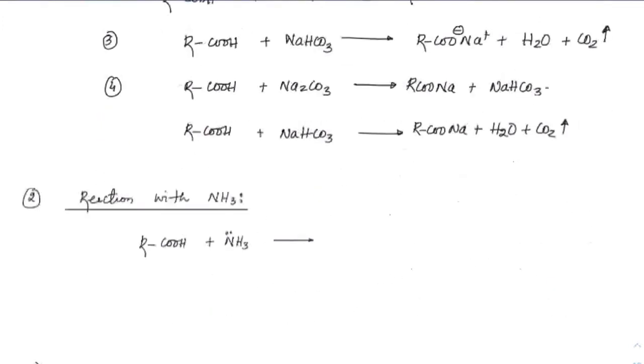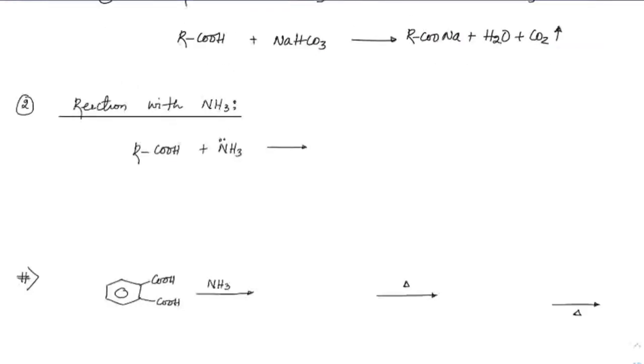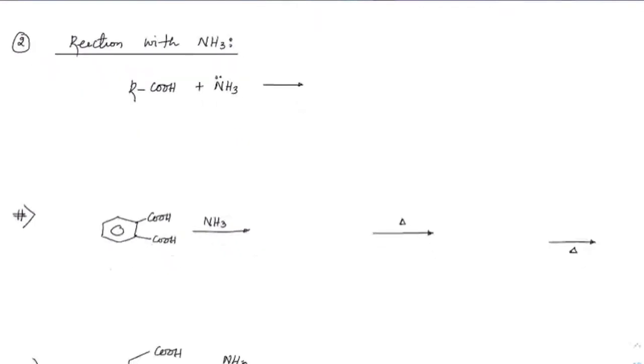So this acid-base reaction happens with ammonia as well. Let us see how it takes place. First, RCOOH, when you treat that with ammonia, we will get the salt, which is RCOO minus NH4 plus, because the lone pair on ammonia will extract that proton and becomes NH4 plus. This salt at room temperature will exist only in salt form, as a salt solution.